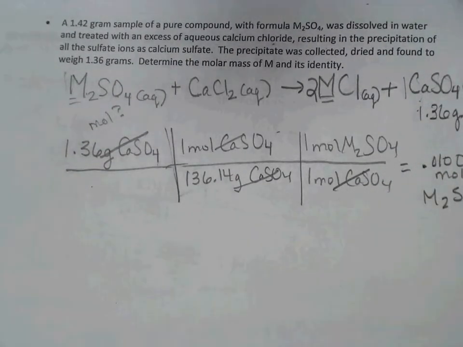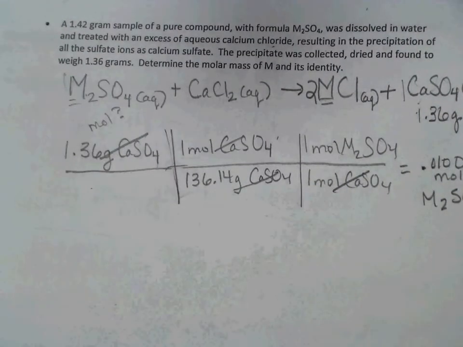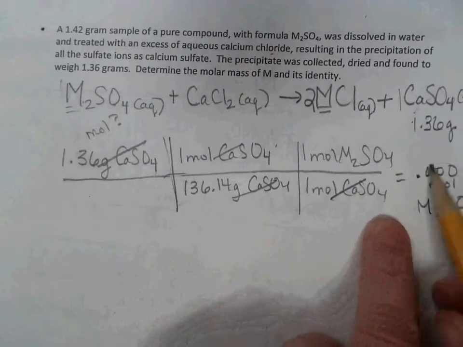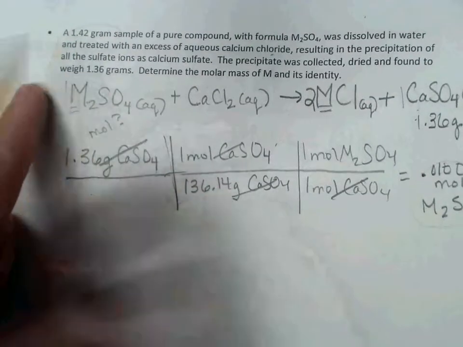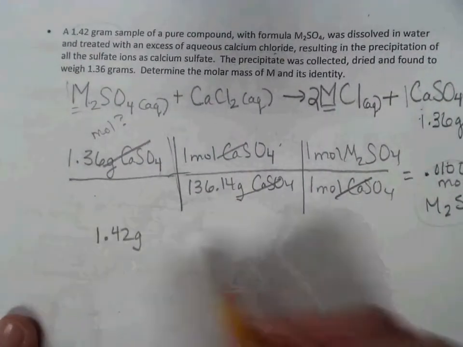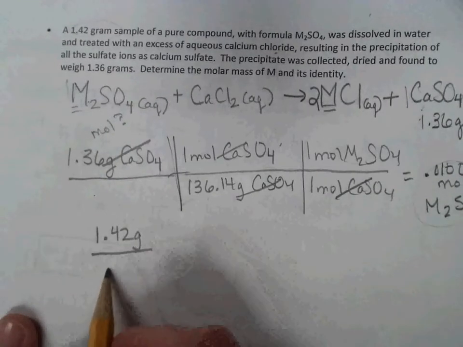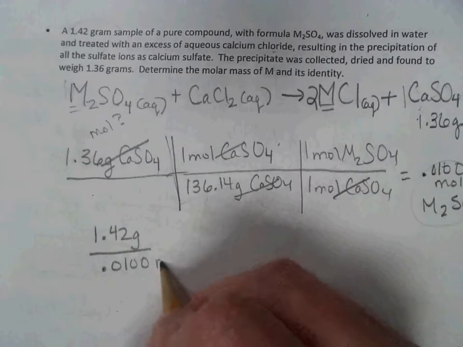All right. I want somebody who knows some vocabulary here. I know moles of this. Does it tell me grams of it up there? So I have this many moles per what? I have 1.42 grams of that substance.